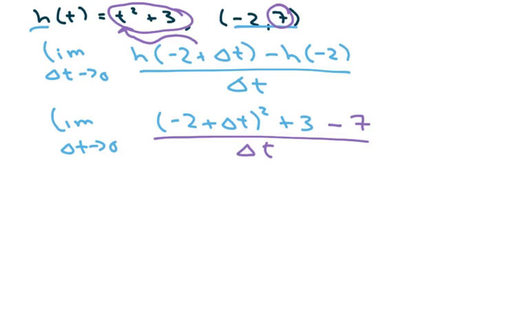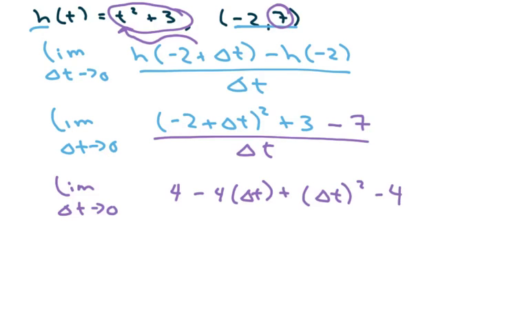And then you simplify. You're going to get the limit as delta t approaches 0. And this is going to be 4 minus 4 delta t plus delta t squared minus 4 all over delta t. These cancel here, and you always should be left with just delta t, the change in t on this.